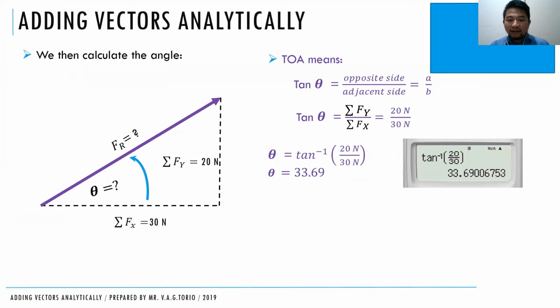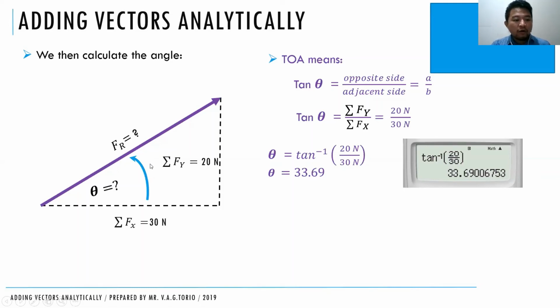So far we have calculated the magnitude and the angle, and that already is our vector. But we can add the cardinal direction north of east, as illustrated by this arrow here, as another expression of the angle of the vector that we are looking for, that is the resultant vector.